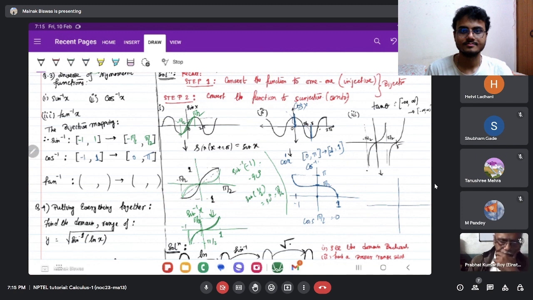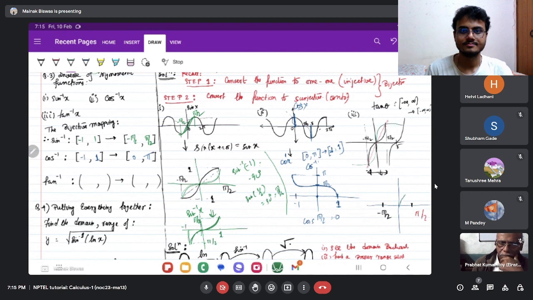They are all periodic functions, but we can't do that. We have to take a principal part of it, let's say -pi by 2 to pi by 2. So for example this. If I do that, since it's about y equal to x, I can use my y equal to x flipping idea, and I can get something like this.